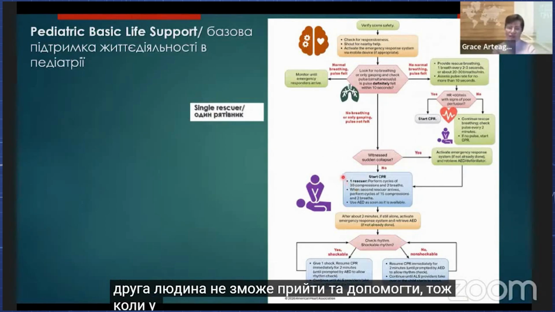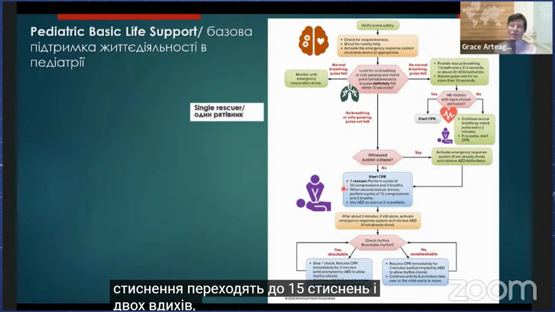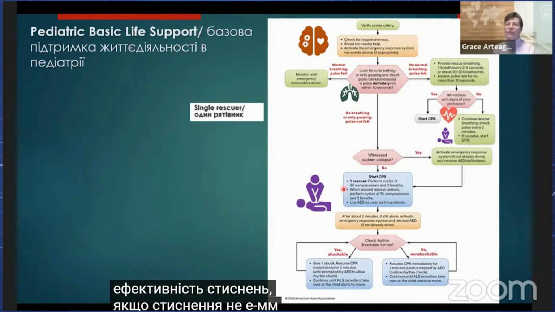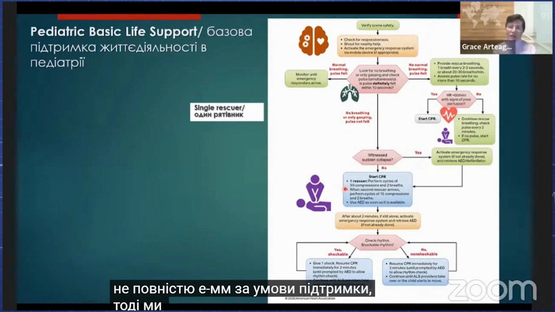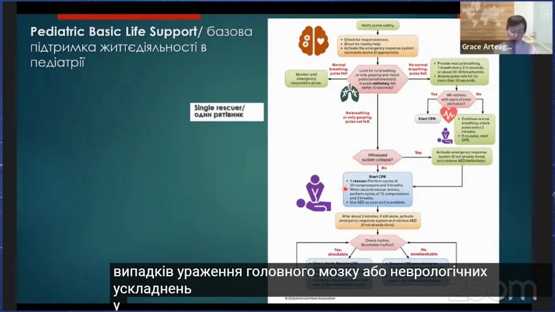So once you have 2 rescuers, your compressions go to 15 compressions and 2 breaths. The most important thing is effectiveness in the compressions. If the compressions are not completely provided, then we are going to have a lot more cases of brain or neurological sequelae in those patients.